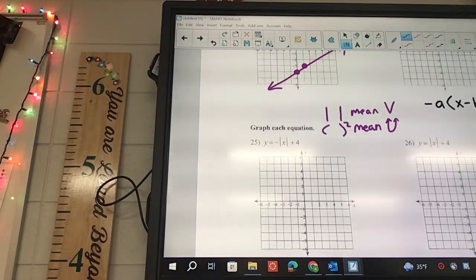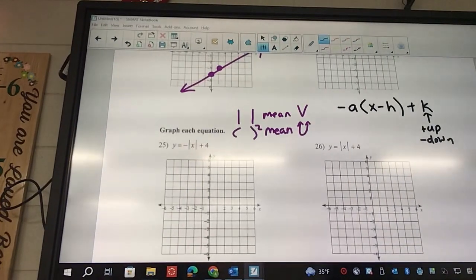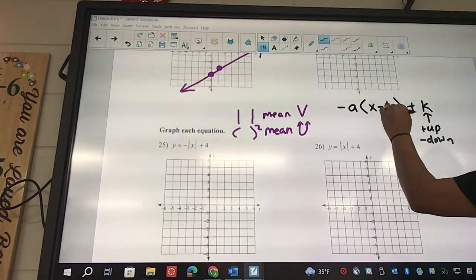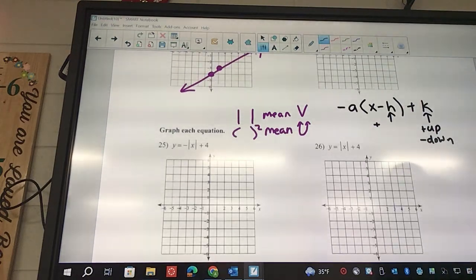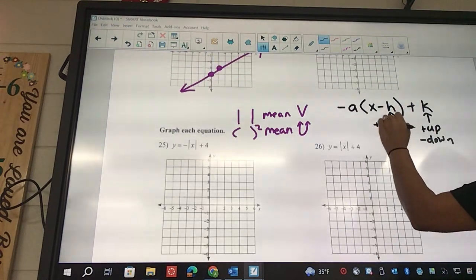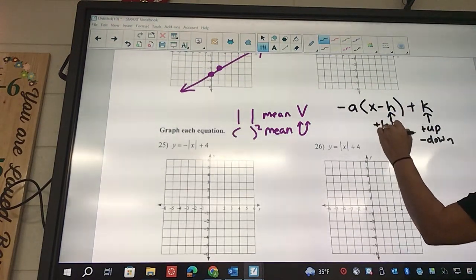So the k does what? Goes up, down. Yeah, so if it's a plus, it's going to go up. If it's a minus, it's going down. Okay, what about the inside? Left or right. Yeah, what does a plus do? Goes left. It goes left. A minus goes to the right.